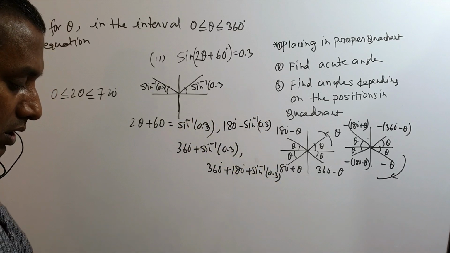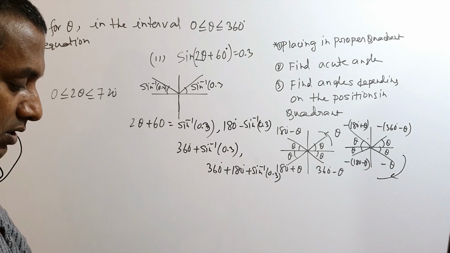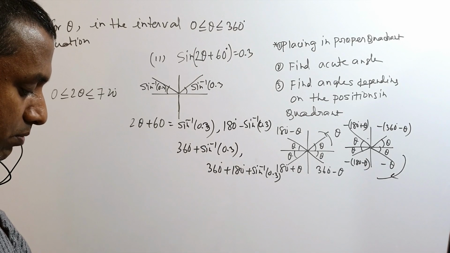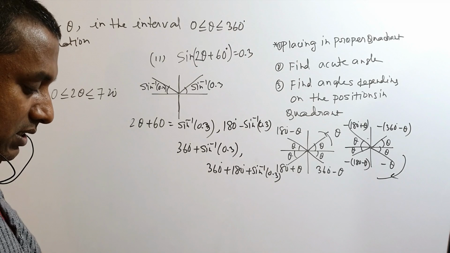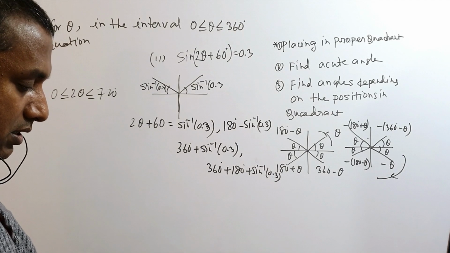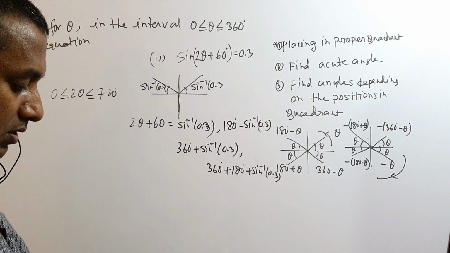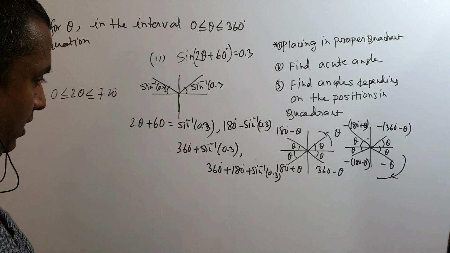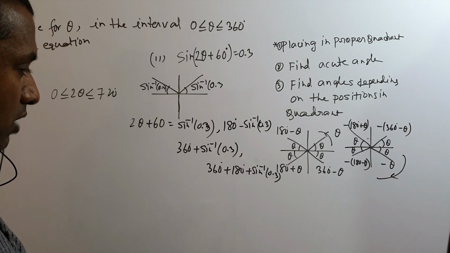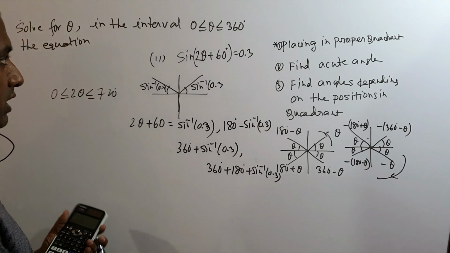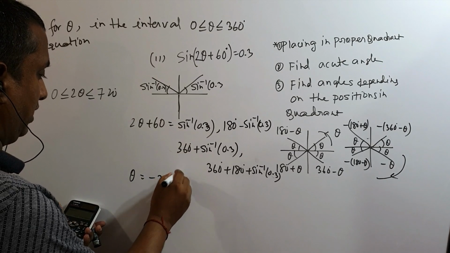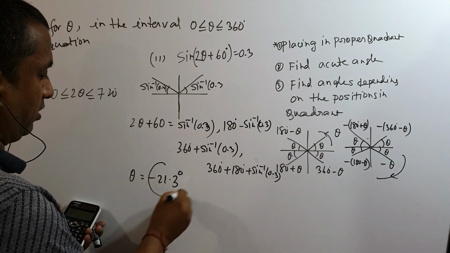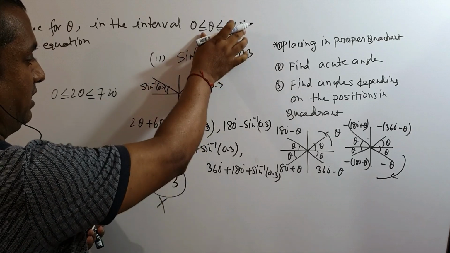So sine inverse 0.3, minus 60, then divided by 2. Now you are having theta equals minus 21.3 degree. This is not acceptable because it is outside of this range.